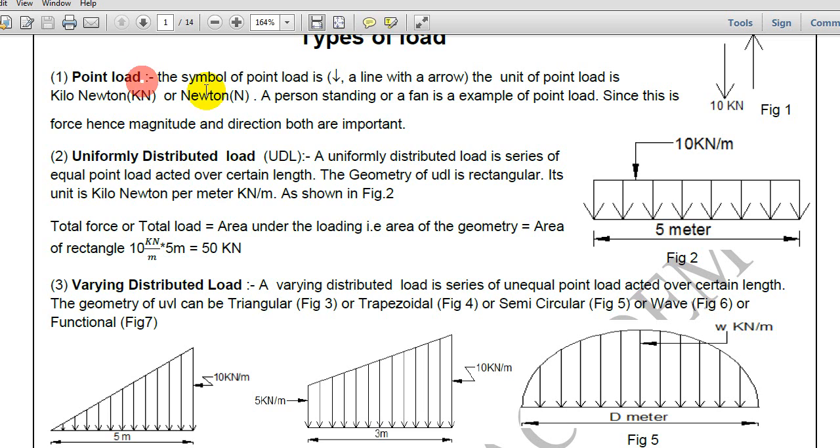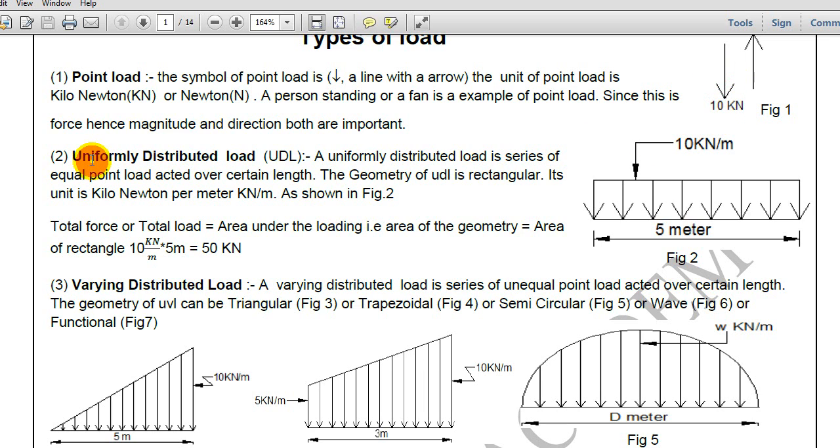For a point load, a person standing or a fan is an example. So if a person is standing on, let us say, one leg or two legs which are not spaced much, then we can treat that as a point load. Now if we are designing a spring of a sofa and a person is standing on that sofa, then we will take this as a point load.